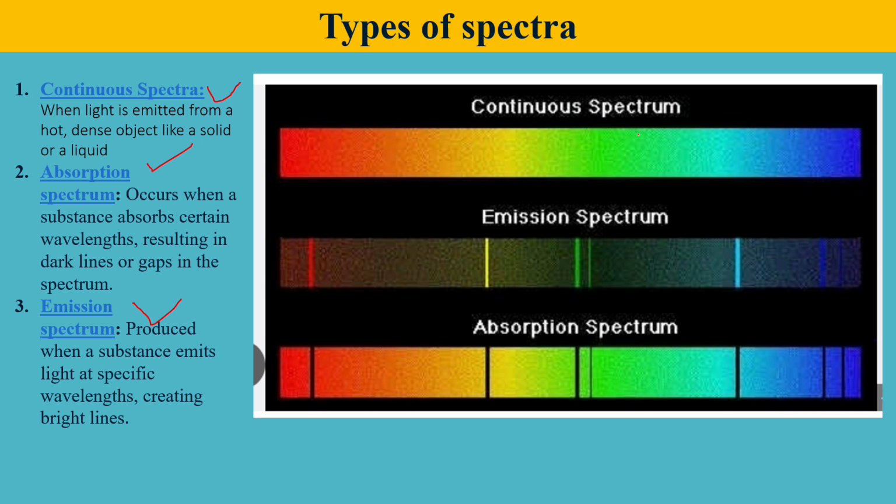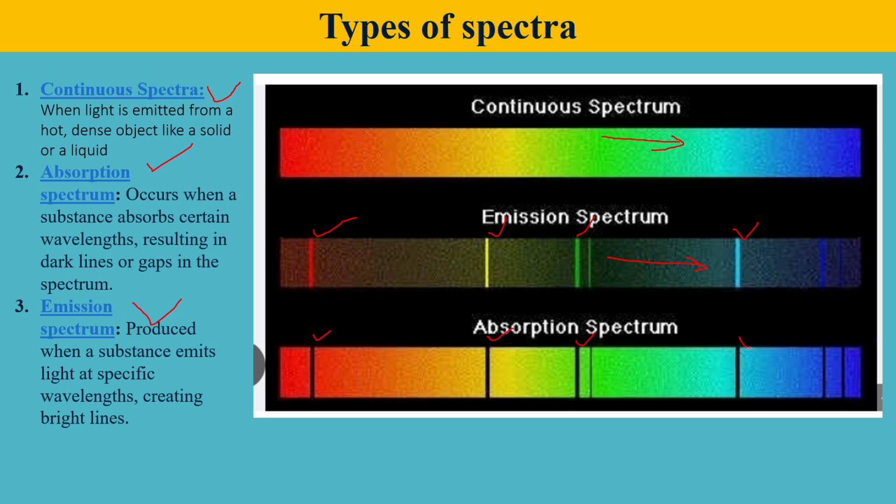This is a continuous spectrum. There are no lines in a continuous spectrum, in the emission spectrum you can see some bright lines, and in the absorption spectrum you will see some dark lines.